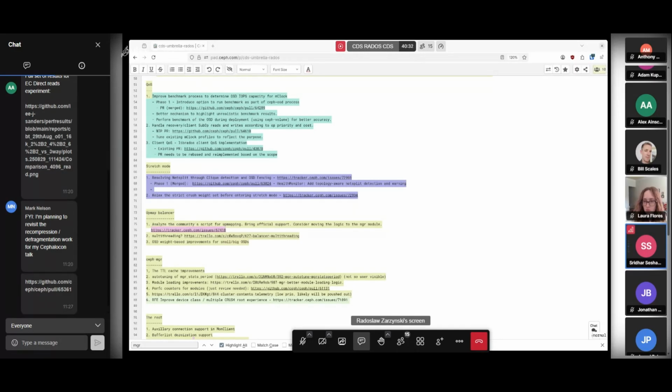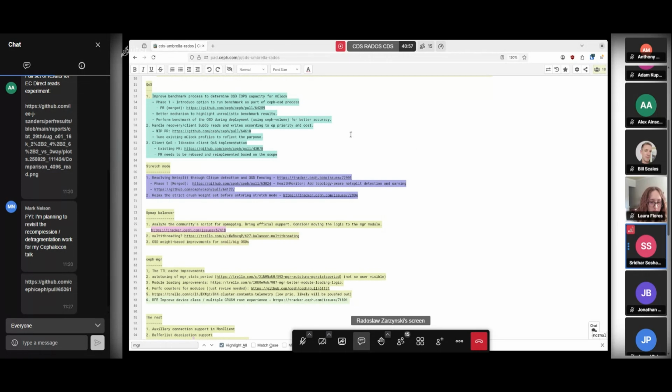Currently, after the benchmark is executed, we see cases where there are unrealistic numbers coming out of the benchmark measurement. So the main goal here is to improve the reliability and reduce the possibility of unrealistic measurements.